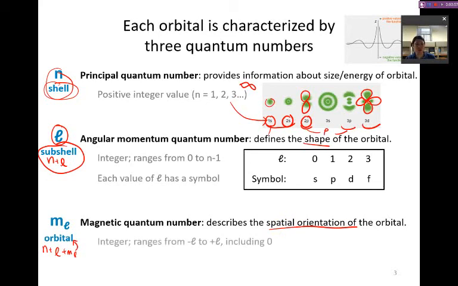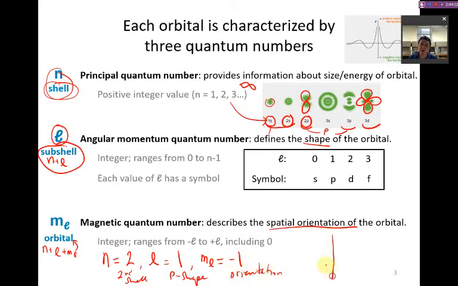The values for m sub L are integer values that range between negative L and positive L, and they include 0. So, for example, we might say you have an n value of 2, an L value of 1, and an m sub L value of negative 1. This describes a specific orbital: an orbital in the second shell that is p-shaped, and that is in this particular orientation.